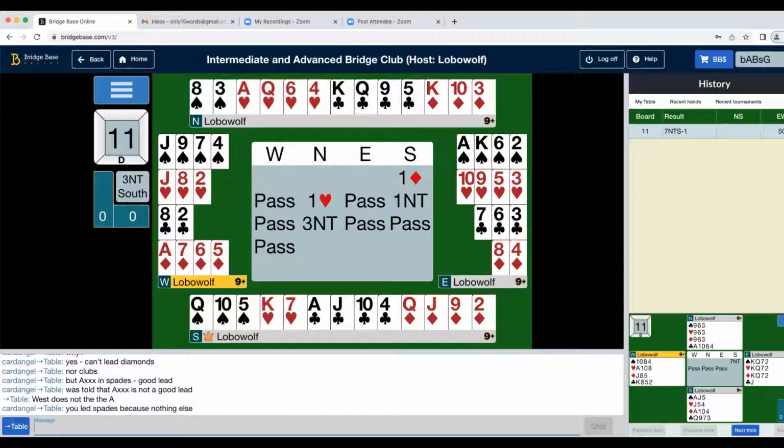Well, okay, so first of all, our initial thoughts should be to the unbid suits, right? To clubs and spades. And actually, I think you can make a pretty good case for leading the 8 of clubs here for a couple of reasons.